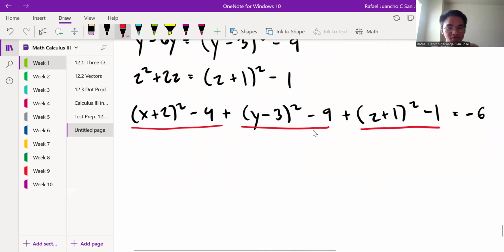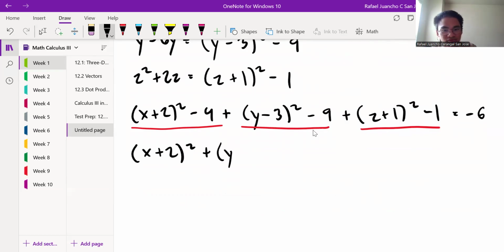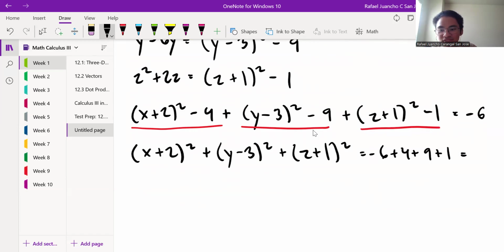Okay, now we're pretty close. We just want to isolate every letter again on one side and then every number on the other side. So I'm going to do that quickly. x plus 2 squared, y minus 3 squared, z plus 1 squared equals -6 plus 4 plus 9 plus 1. What is that? Let me calculate that real quick.